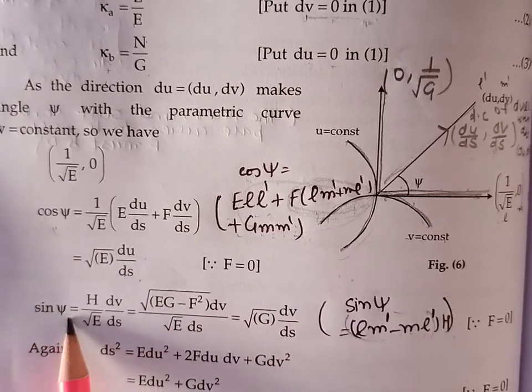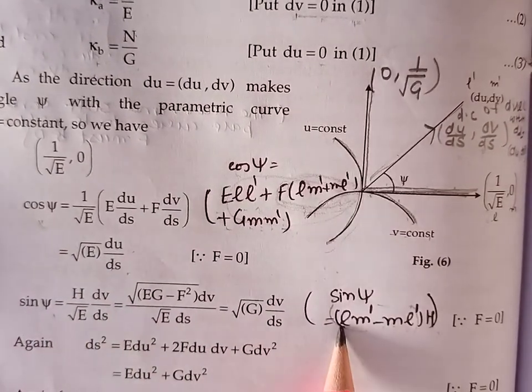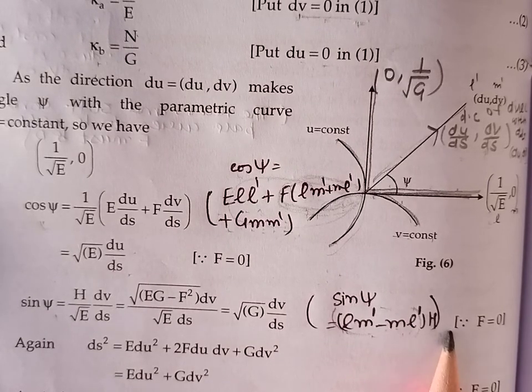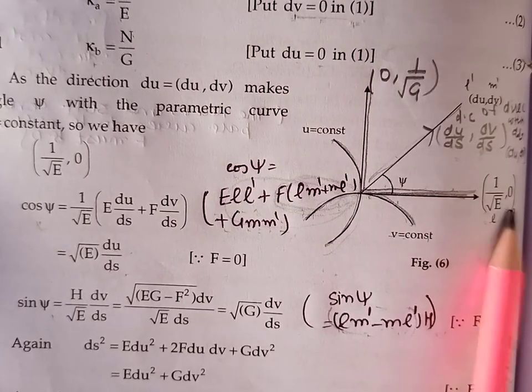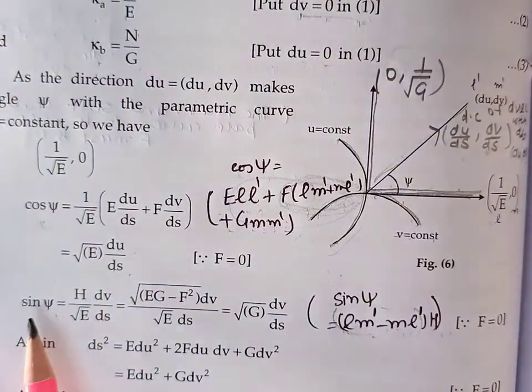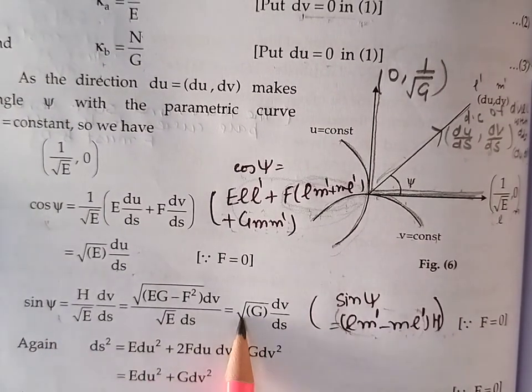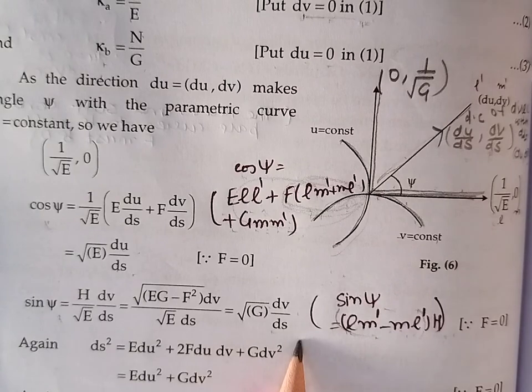And sin psi is obtained by using this formula, l into m dash minus m into l dash into H. Now m is already 0 here, so substituting the value, we get sin psi is equal to under root G into dv by ds.